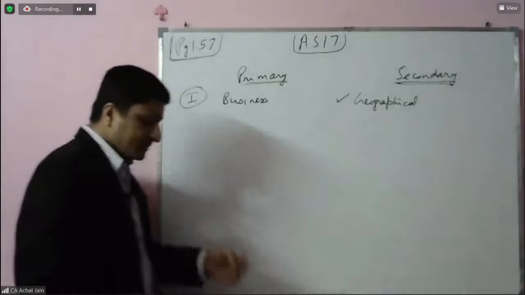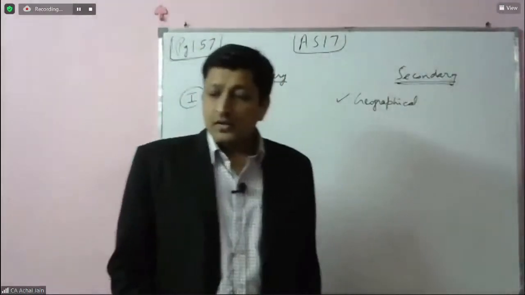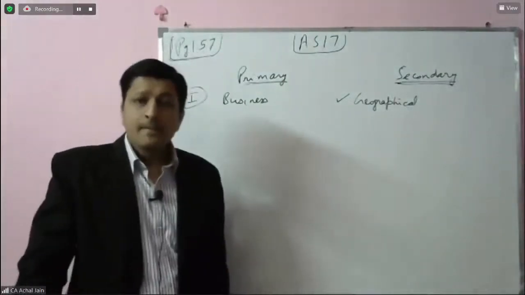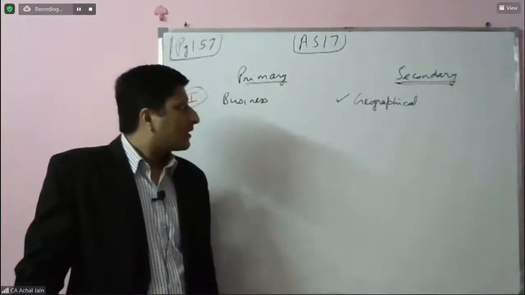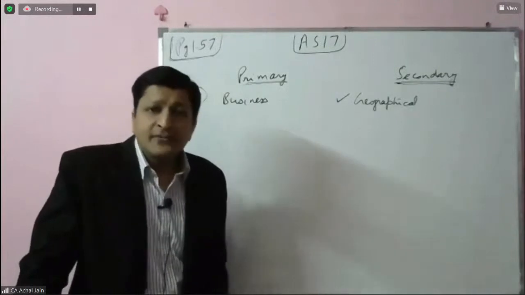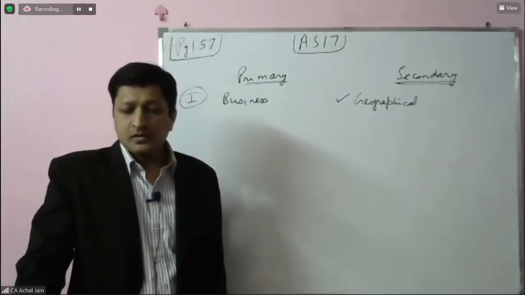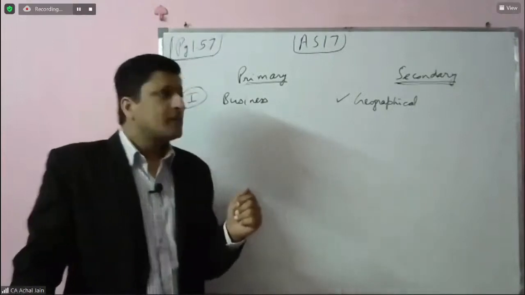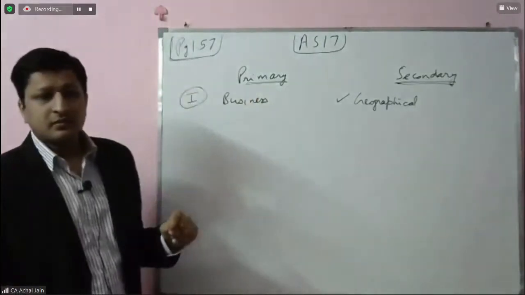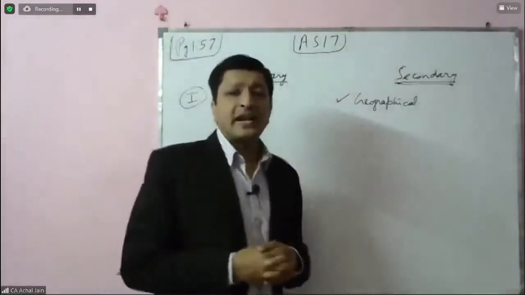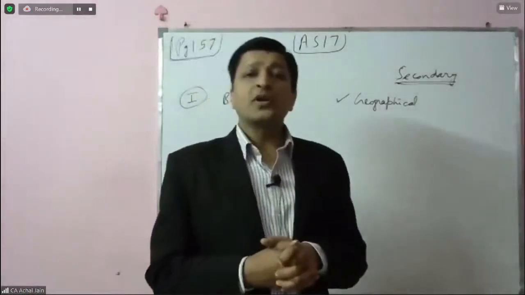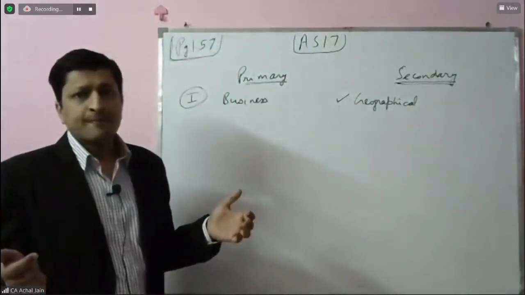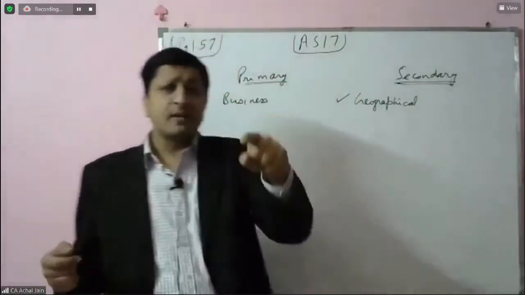Now, in this case, there are a few things which you need to remember. First, when we identify reportable segments, for which category of segment we did that? From the primary one. For the primary one, we selected the reportable segments out of all the segments. For the geographical segment, we didn't apply that criteria.